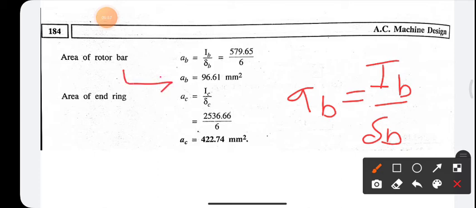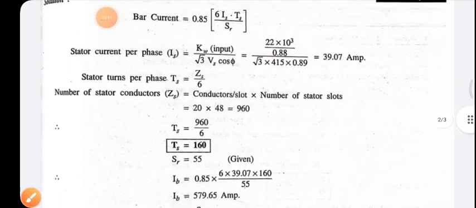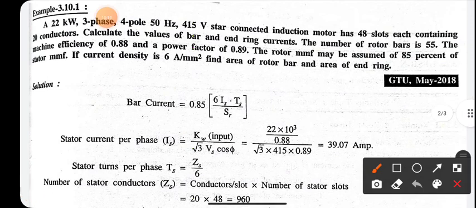By dividing this we get the area of the rotor bar, and in the same way the area of the end ring is given by the current through the end ring upon the current density in the end ring. Okay, so we get the value of the area of the end ring. These are the steps we need to follow, and mainly we need to remember the equations of the bar current and the end ring current.